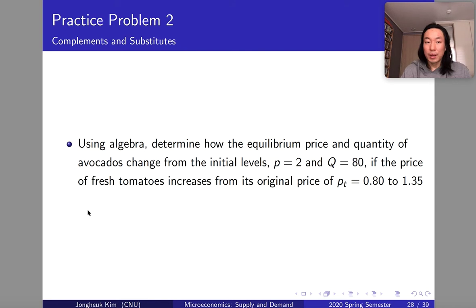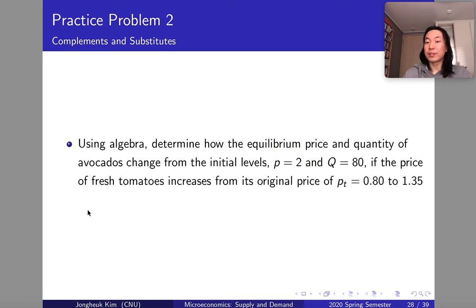Okay, so now we're going to do some simple algebra. Now we are putting in the price of tomato from the previous demand and supply curves for the avocado market. The situation is that the price of tomato is now increased from 80 cents per unit to $1.35.